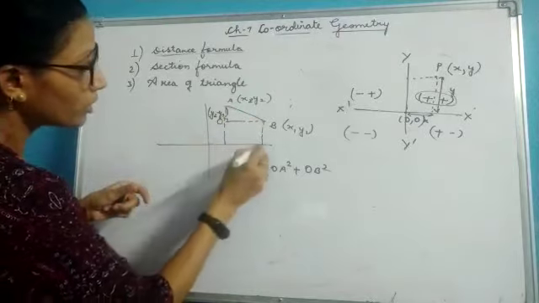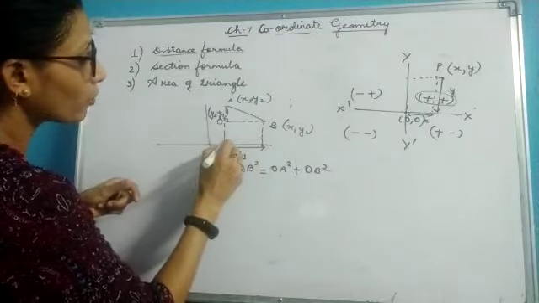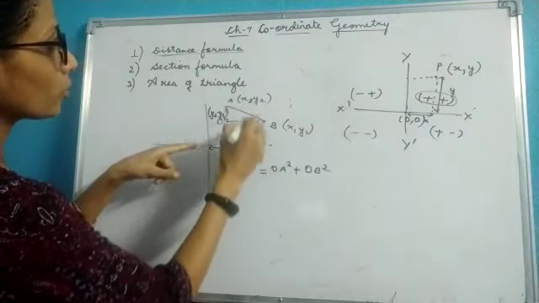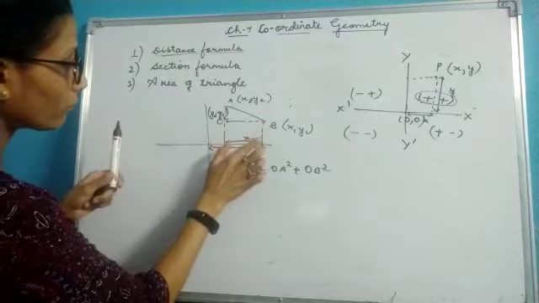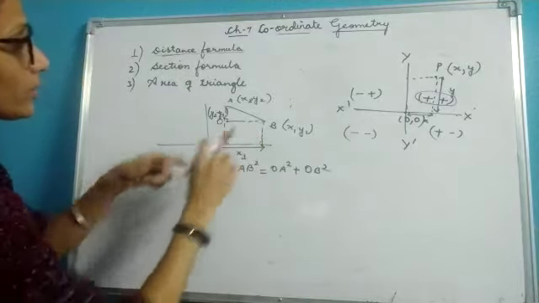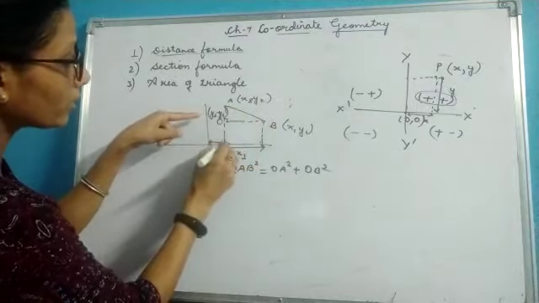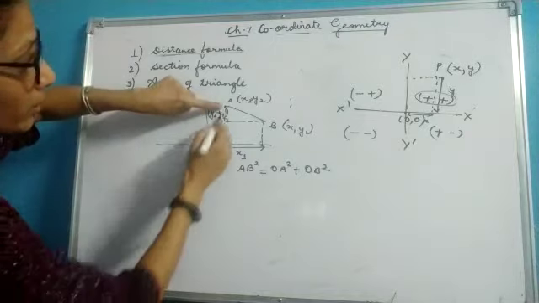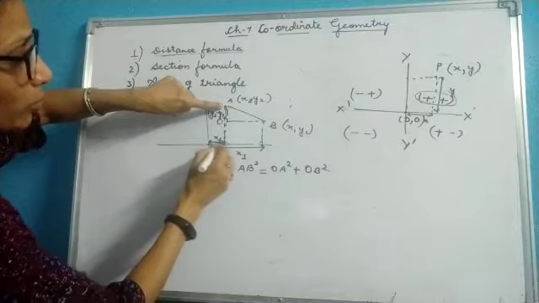From the origin till here it is x1, and from here to here it is your x2, because this point is (x2, y2). The point is located over here, so I am finding the distance along the x-axis from the origin to here.